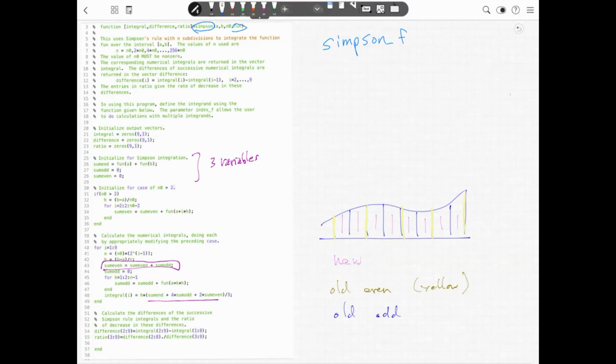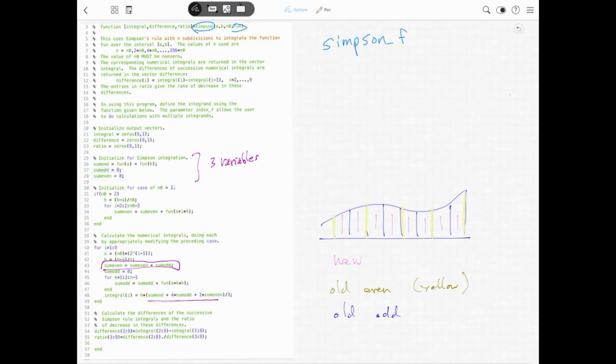In this case, for the Simpson integration, we have to keep track of the values of the function at the extreme ends at A and B, just like we did for the trapezoid method. But in this case, we have to distinguish between the odd sample points and the even sample points, when the indices are even or odd.